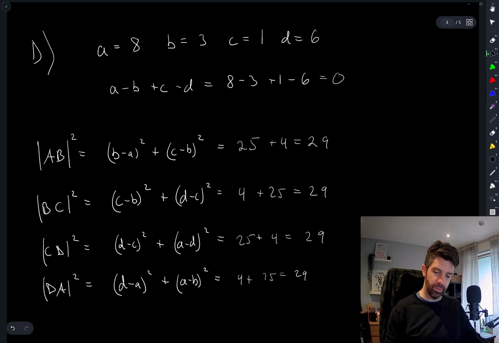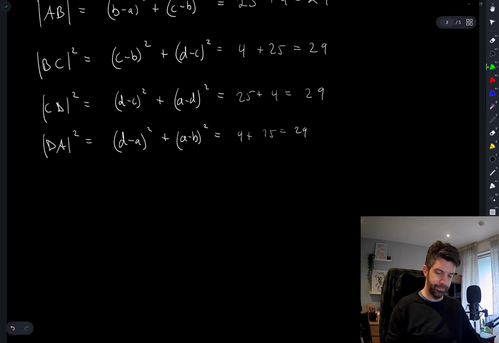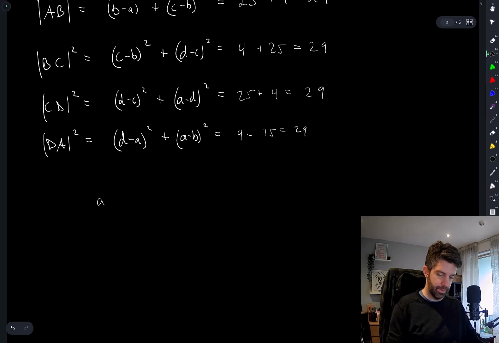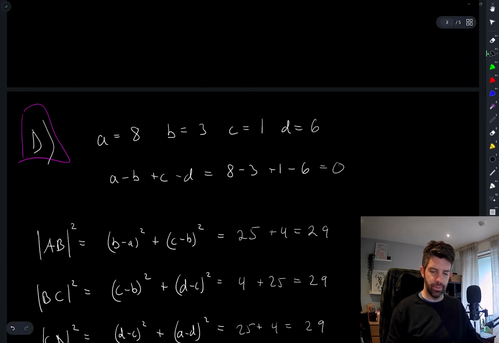So my answer is going to be D: we need A minus B plus C minus D to equal 0. But I'm not really quite sure.